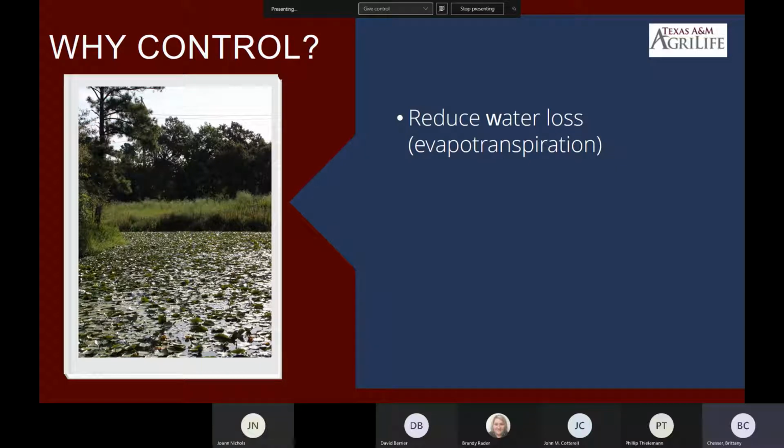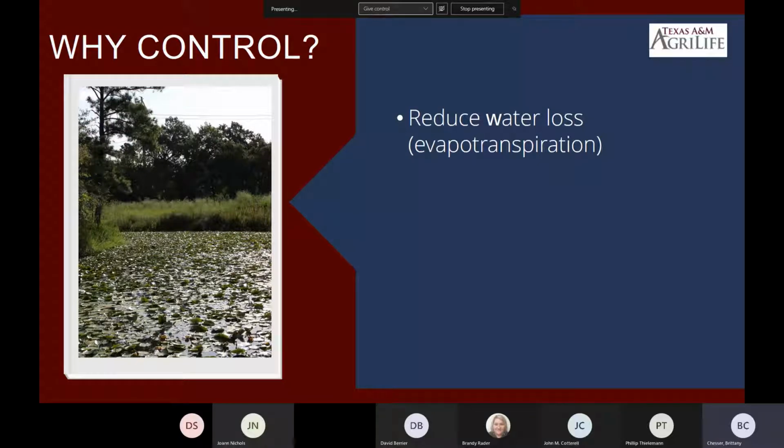Just an example of an invasive species, our water hyacinth, can actually increase water loss 200 to 300%. If you have a pond that is roughly 5 feet, 6 feet deep at the end of a dry season, you may not have a pond at all if it's filled with one of these species.